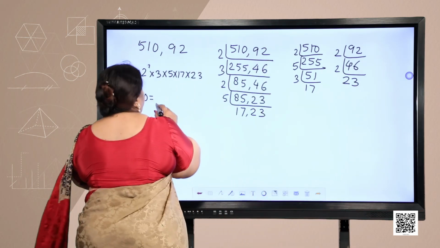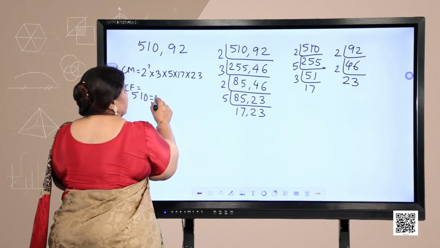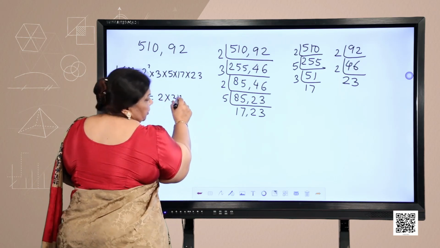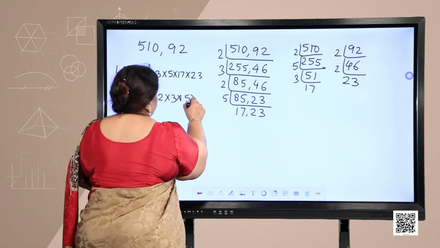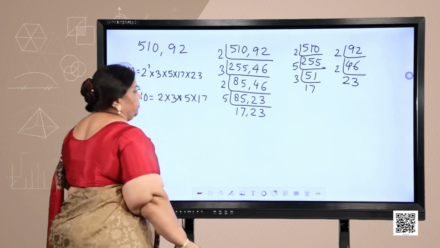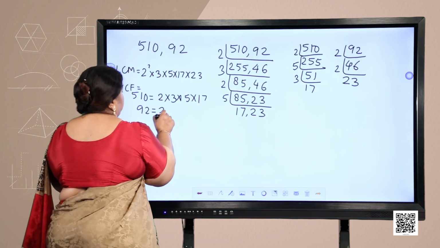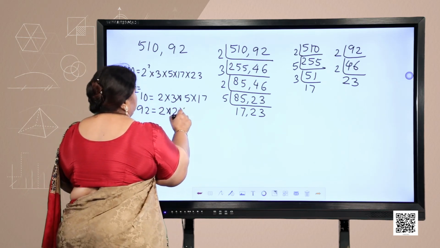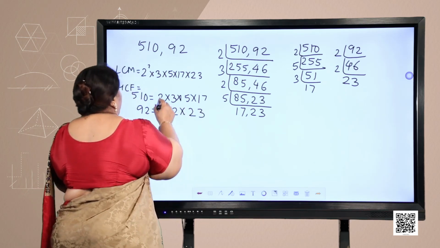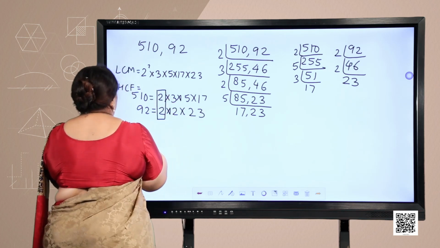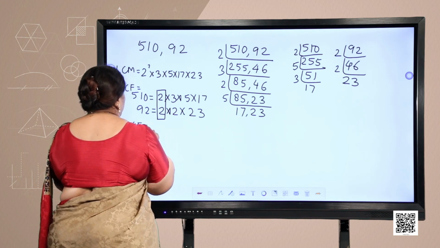So, we have the factors as 2 into 3 into 5 into 17 and factors of 92 are 2 into 2 into 23. I think only 2 is common. So, HCF is 2.